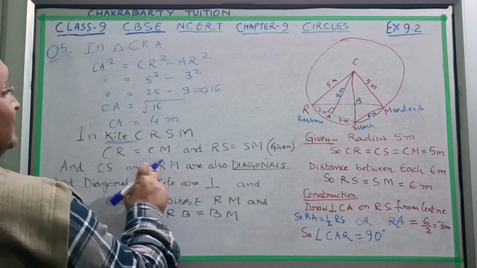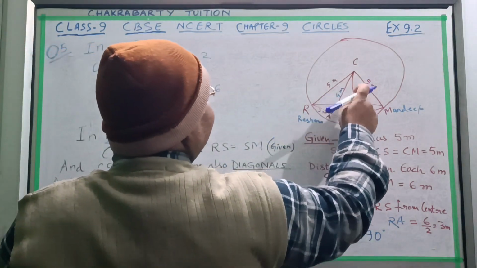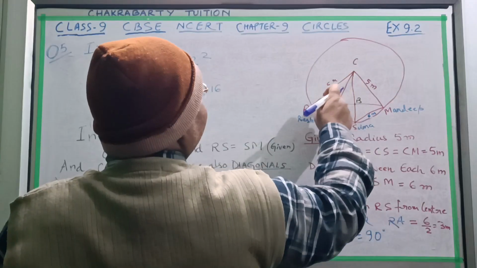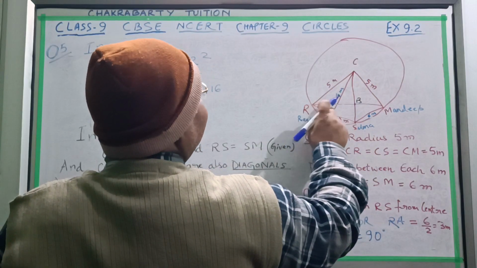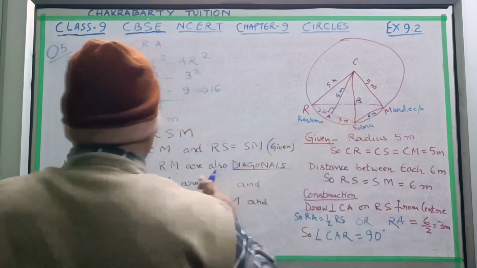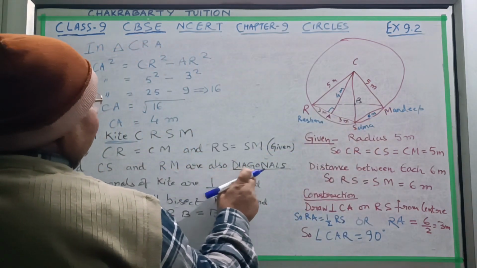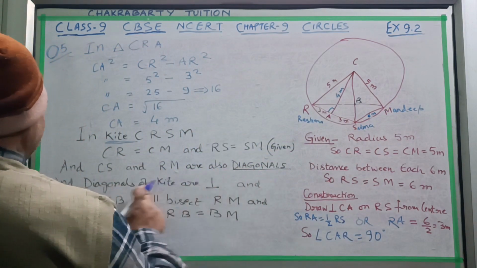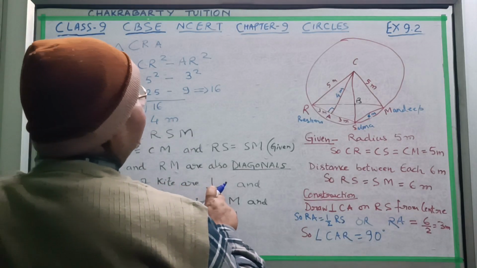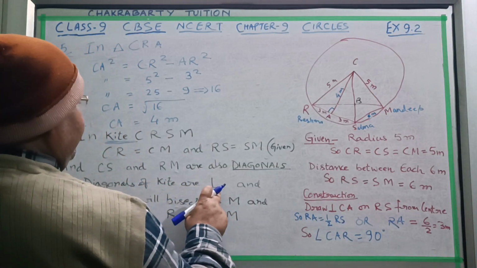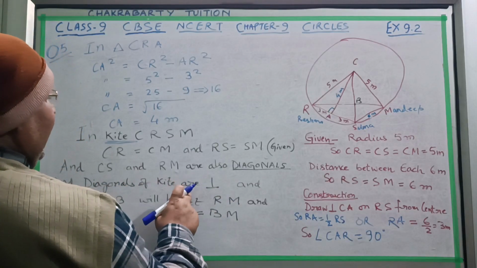CS and RM are the two diagonals, and diagonals of a kite are perpendicular.